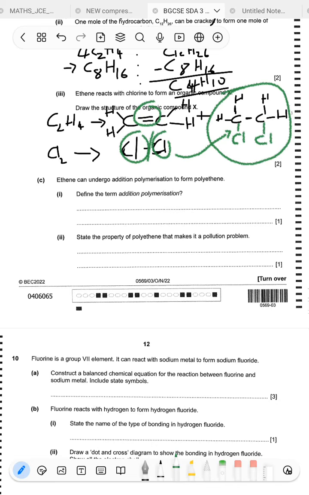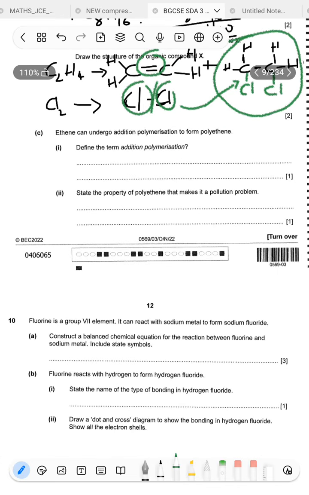You are drawing that. C says ethene can undergo addition polymerization to form polyethene. Okay, what is that? Define the term addition polymerization. Remember, it's a process by which small molecules, okay, small molecules, we call them what?